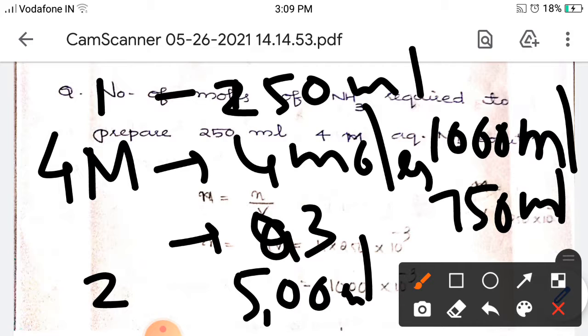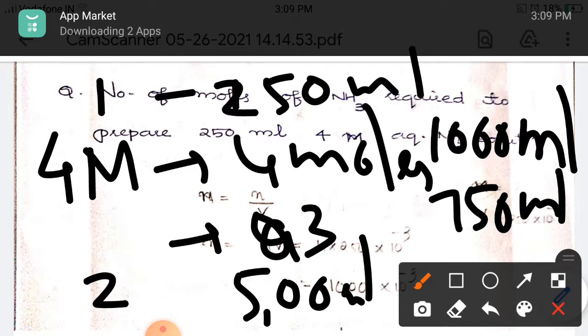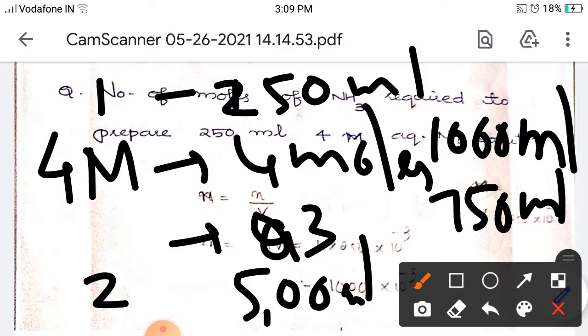It is by the conceptual method. 4 molarity, 4M, means what?